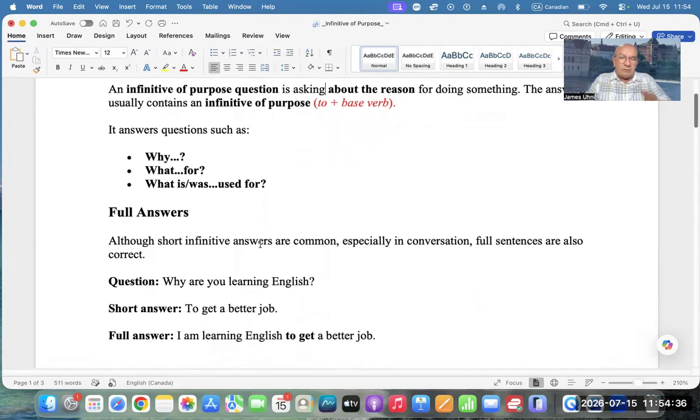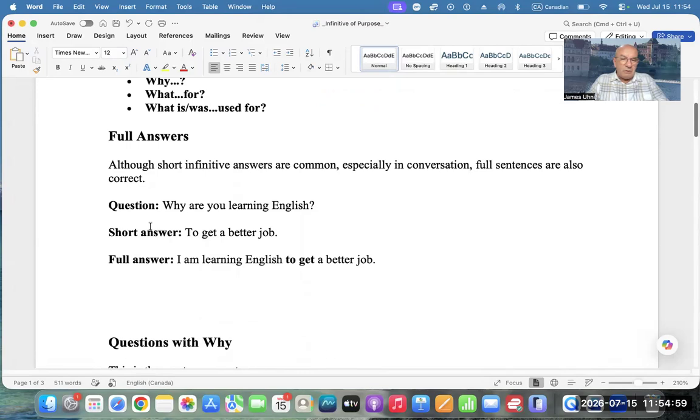So the full answer is, as you will learn in a second, although short infinitive answers are common, we see them everywhere, especially in conversation, full sentences are also correct. Question: why are you learning English?